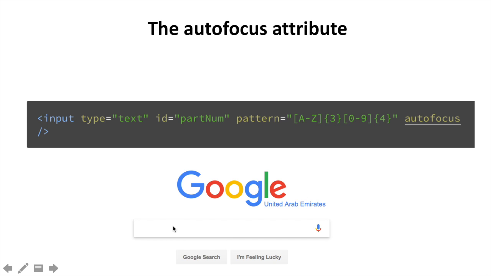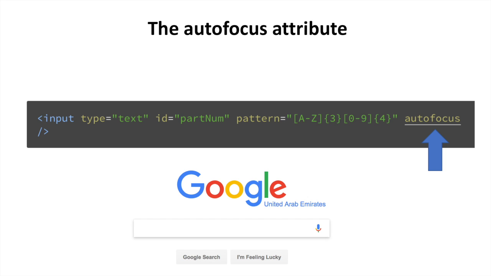So if you want to make any field autofocus, you need just to add this with nothing. It's not autofocus equal on or no, it's just autofocus in the input, and that field will be autofocus on your page. For sure, you cannot have more than one field with autofocus.